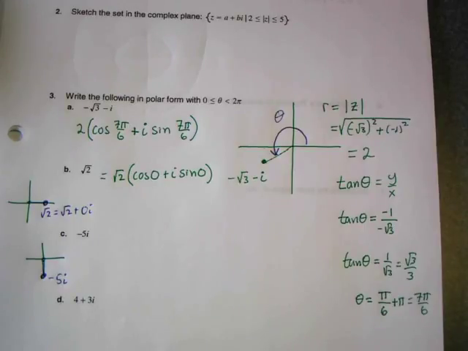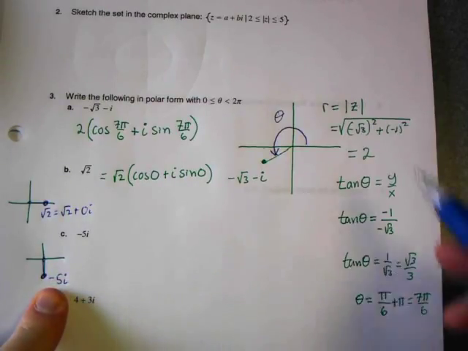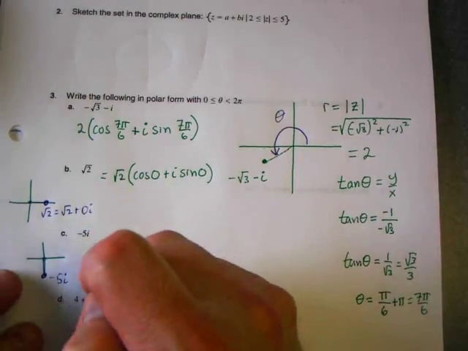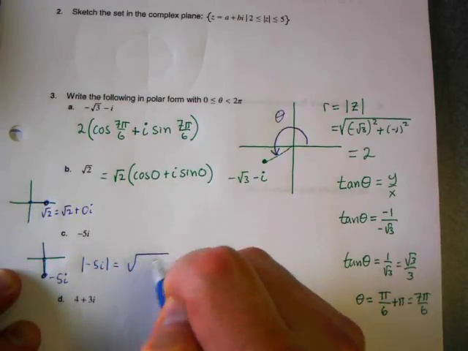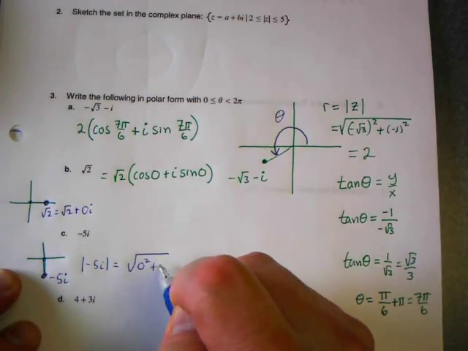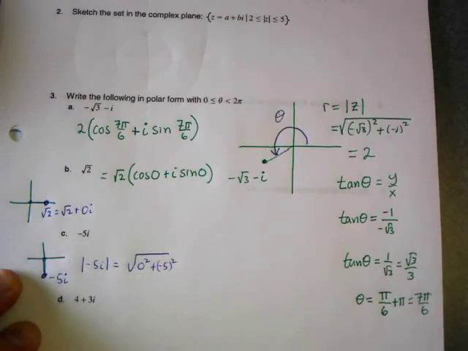Not negative 5i, not 0. Not negative 5, but you're closer. Distances are always given as positive numbers, so it would be 5. All right. So if I had to do it using our formula, the length of negative 5i would be the square root of 0 squared plus negative 5 squared.